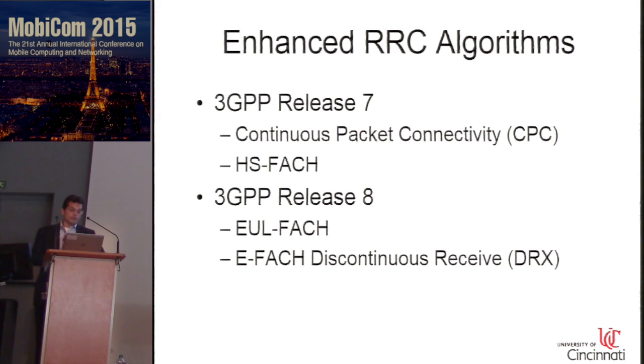HS-FACH introduces a shared or common HSPA data channel, greatly increasing FACH channel bandwidth more than 30 times, while also increasing user capacity. In Release 8, EUL-FACH is introduced, as HS-FACH only provides a high-speed downlink channel, while still relying on the R99 RACH channel for uplink.